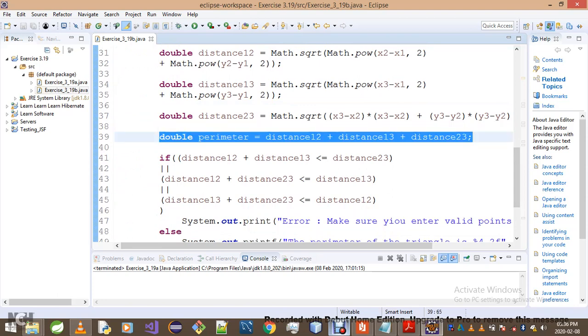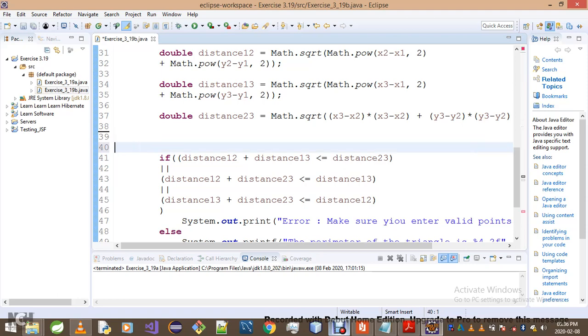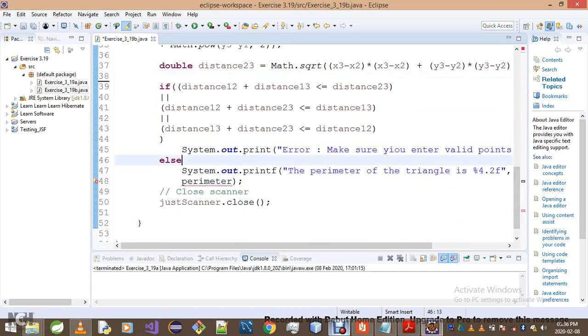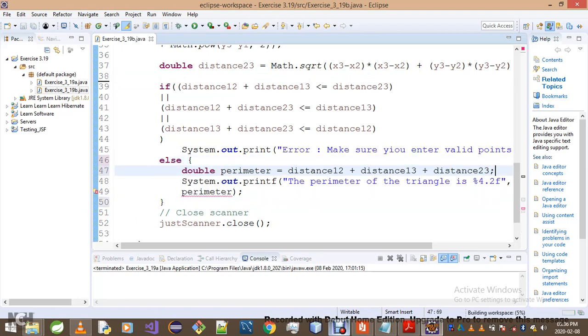However, what we're supposed to do, you see, we only have to do this if our user input is valid. You see, this is the right place for this. You don't want to first calculate the perimeter. Question is, what if the perimeter shouldn't be calculated?